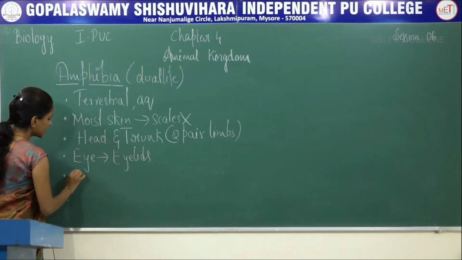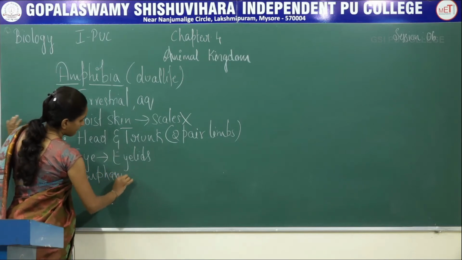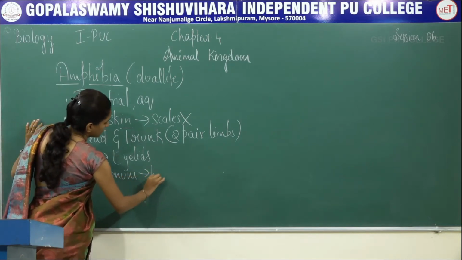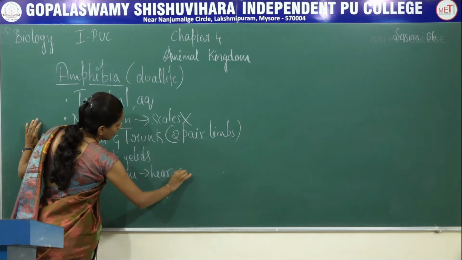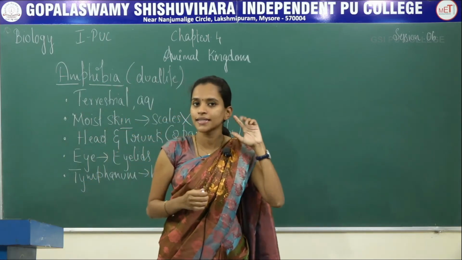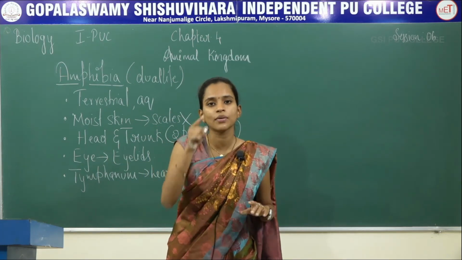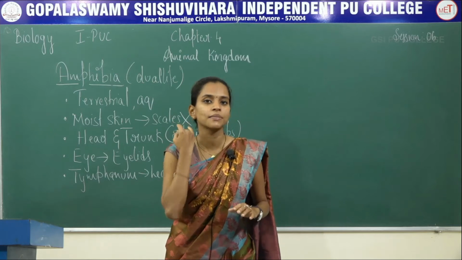Next one is, they have a tympanum, which helps in hearing. So these do not have, like us, external ear pinnae, but in the body itself, in their skin itself, there will be an opening just behind the eye.